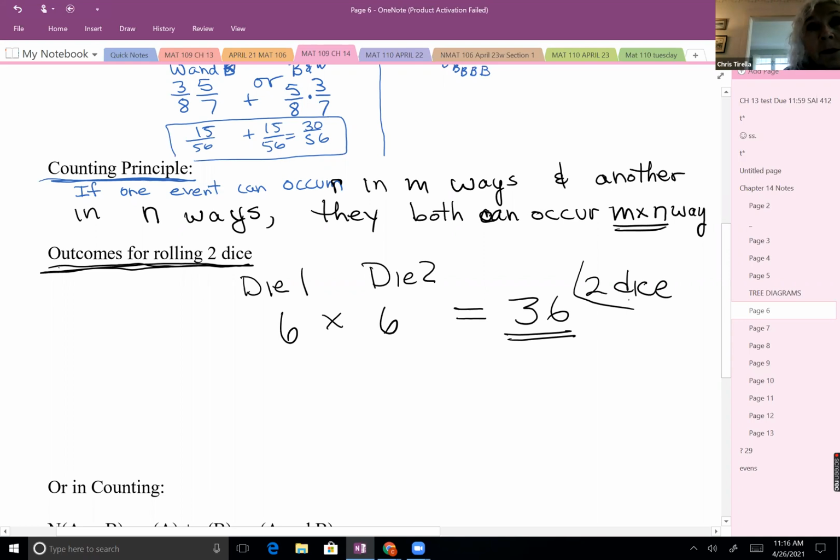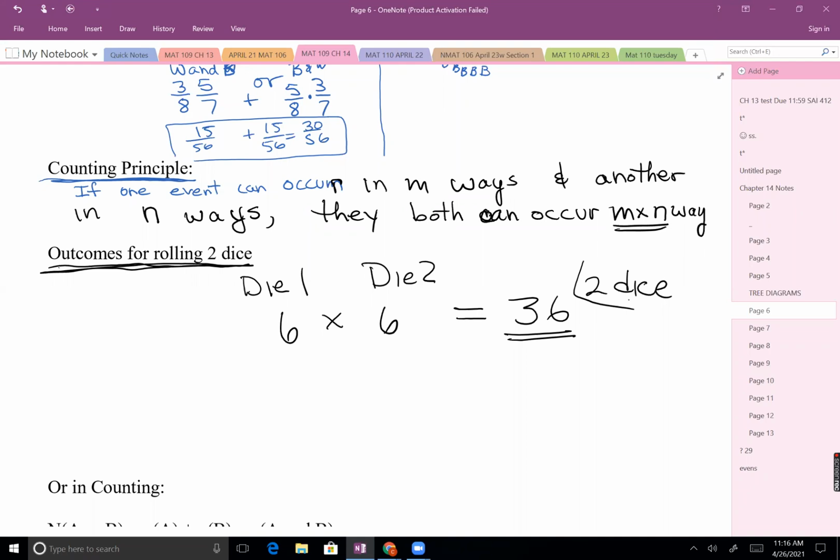So the counting principle says when we're counting how many ways something can occur, if it's a compound event, we find the number of ways each part can occur and multiply. Is everybody all right with that idea?